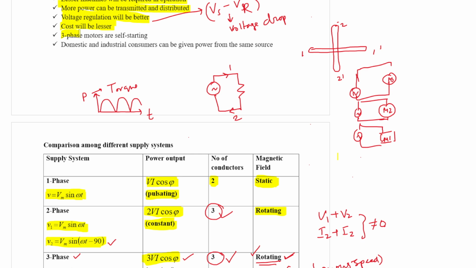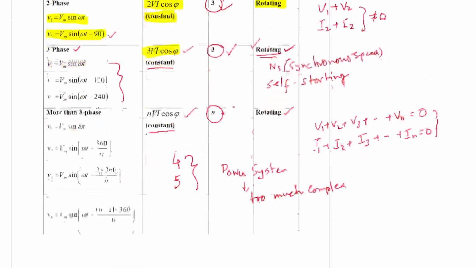Already I mentioned 3-phase motors are self-starting because of the rotating magnetic field. Now this point, domestic and industrial consumers can be given supply from the same source. That is one very important advantage. Nowadays it is very common in practice.